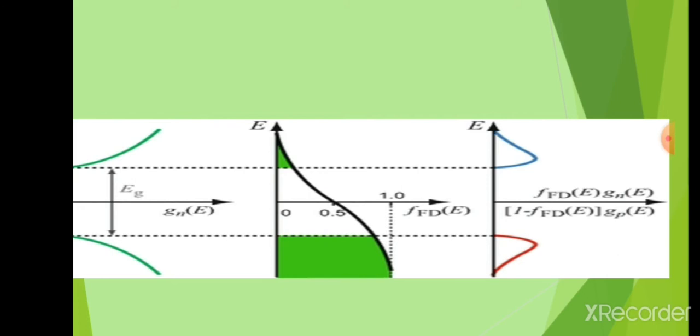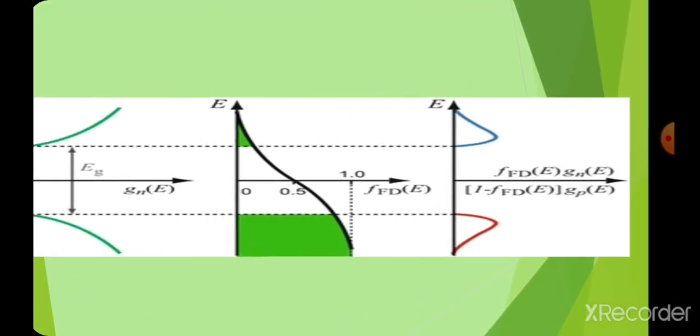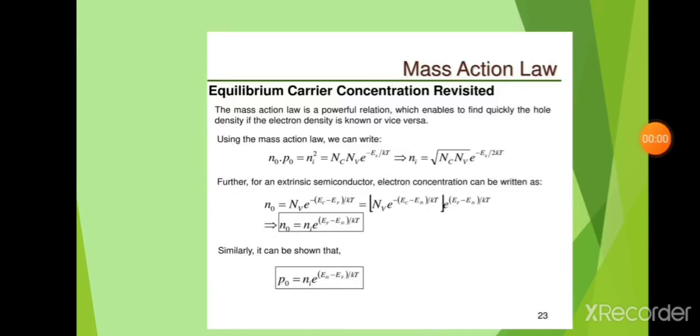If we substitute into the last equation, we get the equation for n, the electron concentration, which is given by n0 equal to Nc e to the power minus (Ec minus EF) by kT, integral of e to the power (EF minus E) by kT.